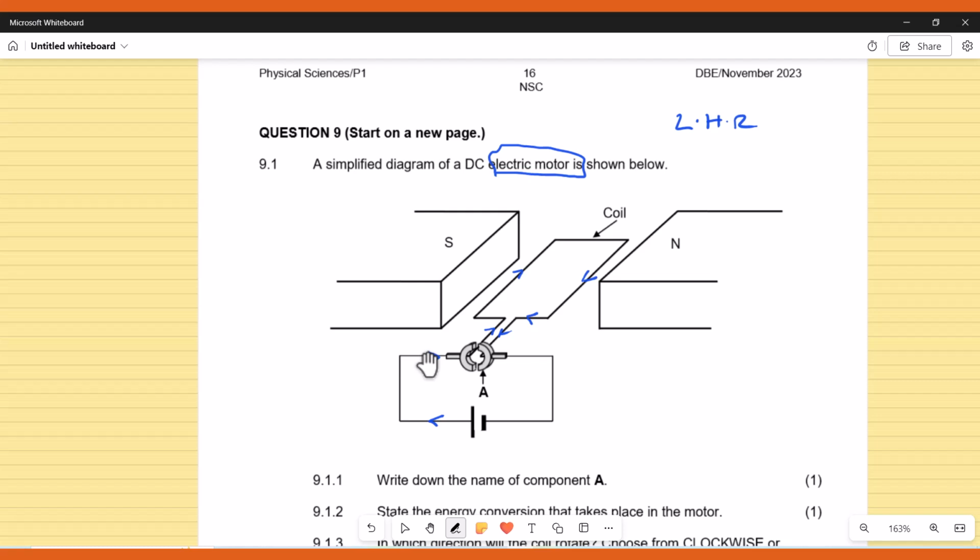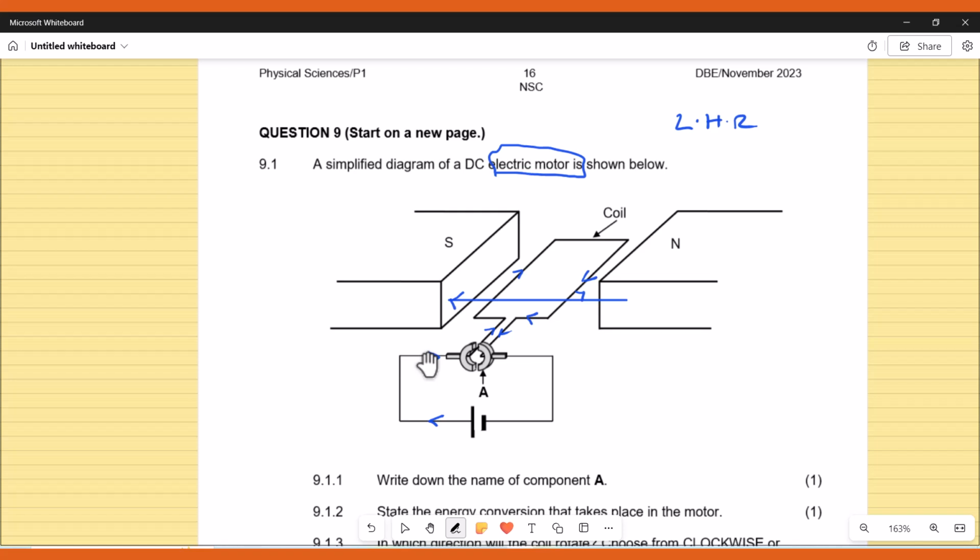In this case, our first finger must be in the direction north to south, so I draw the arrow from north to south. Then you put the thumb at 90 degrees to this direction, and the current in the coil is flowing like this. This is 90 degrees here.